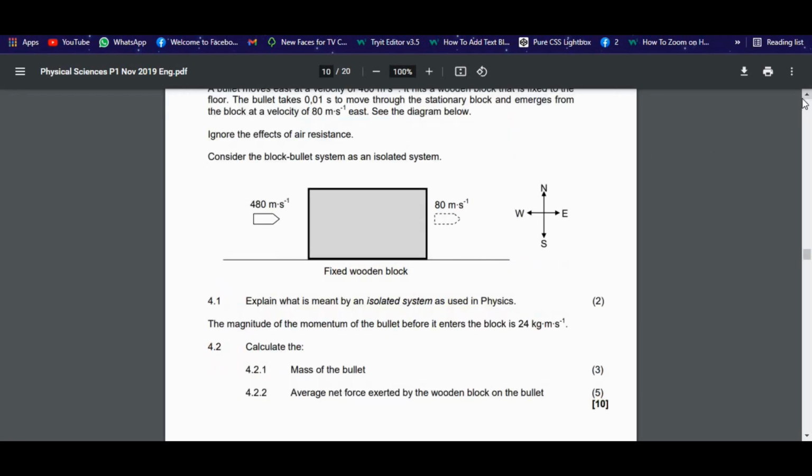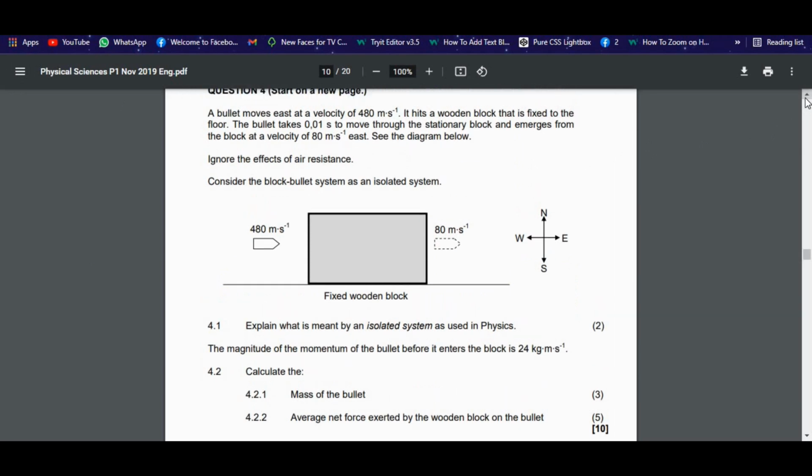So we got a question to go through, a momentum question, which is question 4. I'll just read the question, and it's 10 marks. It's very short, as it usually is. A bullet moves east at a velocity of 480 meters per second, hits a wooden block fixed to the floor.